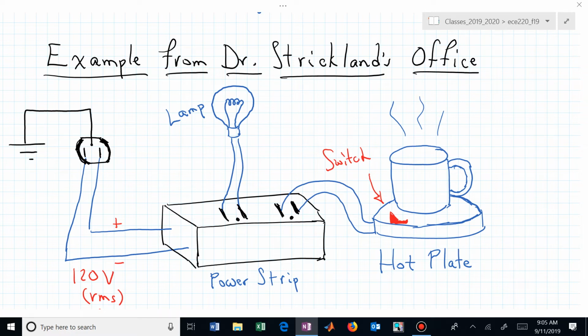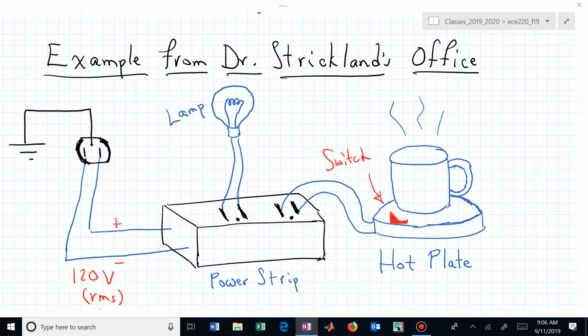Here's Dr. Strickland's office. He has a power strip and the potential to plug in a lamp and a hot plate or something to heat up water. Dr. Strickland was from England, so he liked his tea. So I'm sure he had tea in that cup or on his hot plate. And there's a switch on the hot plate.